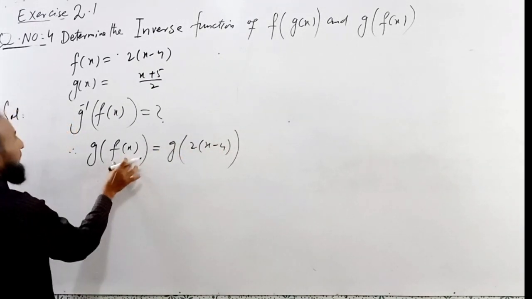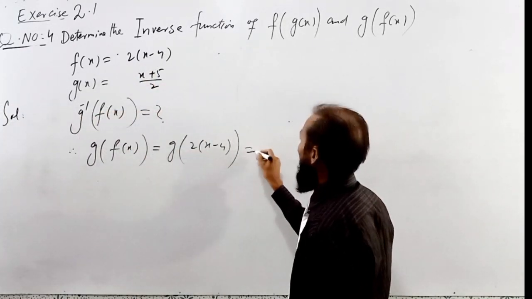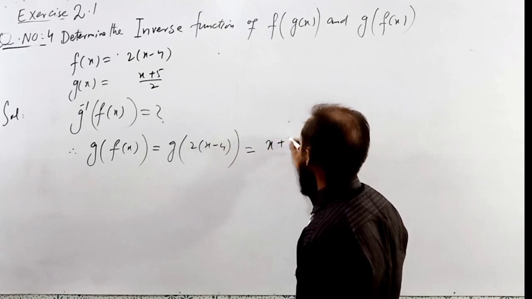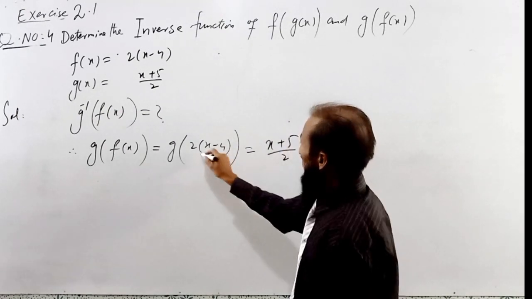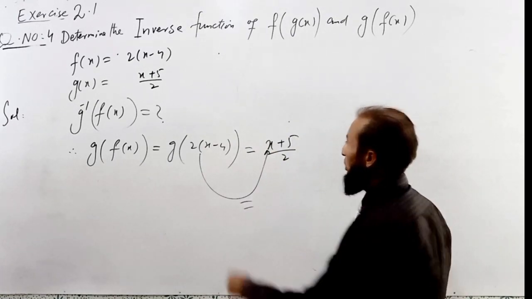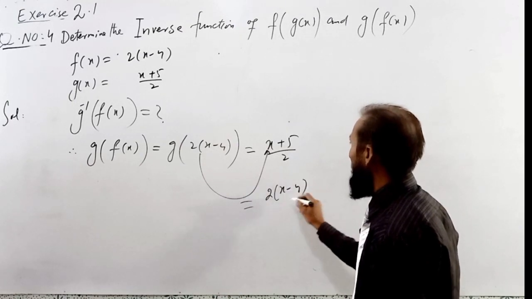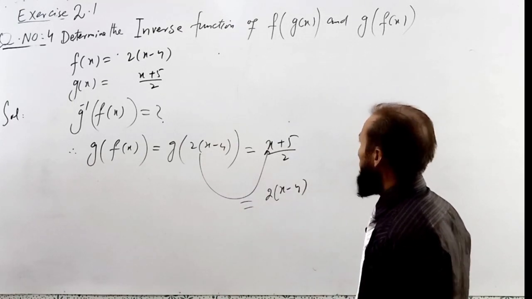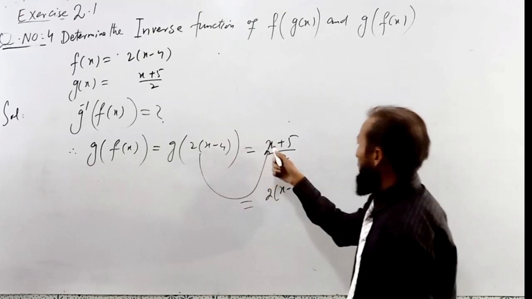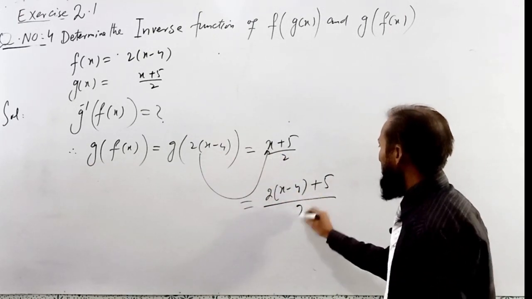This is the result of f of x, and g function is already given as x plus 5 divided by 2. We replace in the function of g of x, in the place of x, we put 2 and 2x minus 4 divided by 2 in the place of x plus 5 divided by 2.